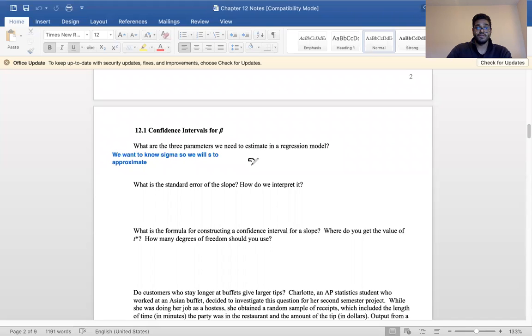So we say S is equal to the square root of the sum of the residuals squared over n minus 2.